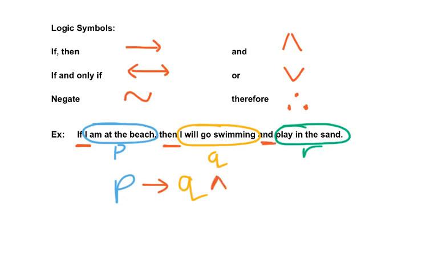So that's going to be our one that looks like an A without the line in between. And an R. Alright, and I'm just going to put parentheses around these so we know that we want to do both of them. So, if I am at the beach, then I will go swimming and play in the sand. That's how you can write that symbolically.